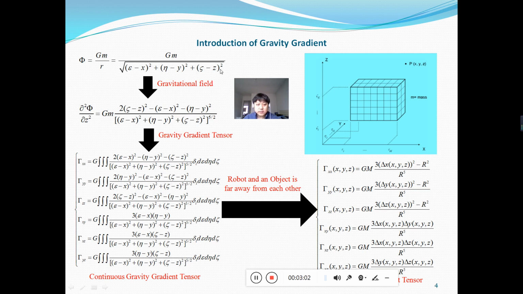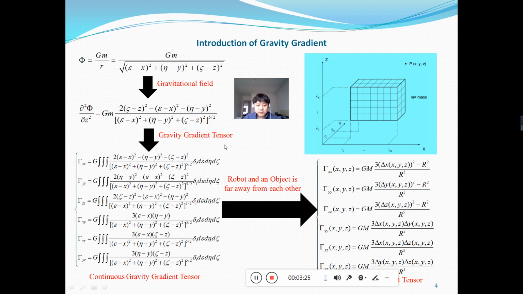In this equation, x, y, z are the coordinates of the mobile robot, and these three letters are the coordinates of the object. After taking the second derivative of this function, we can get the gravity gradient tensor.